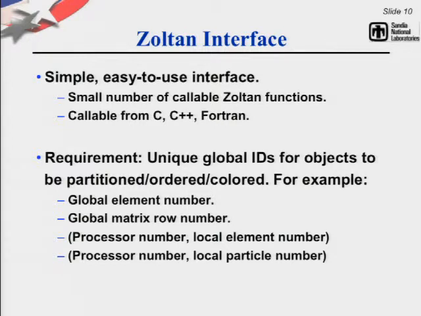For example, some people like to use a pair of identifiers, first a processor number and then a local number on that processor. And Zoltan allows you to do this. Unlike Trilinos or PETSc, we don't insist on a specific type of numbering. You can just tell us what your numbers are.